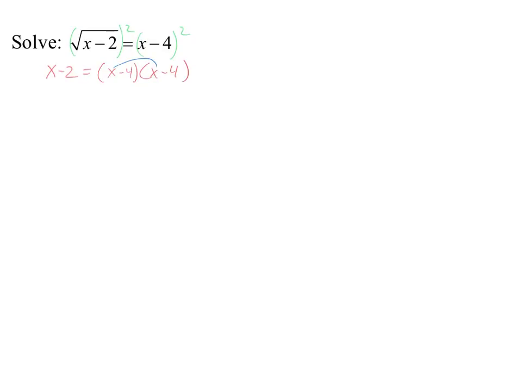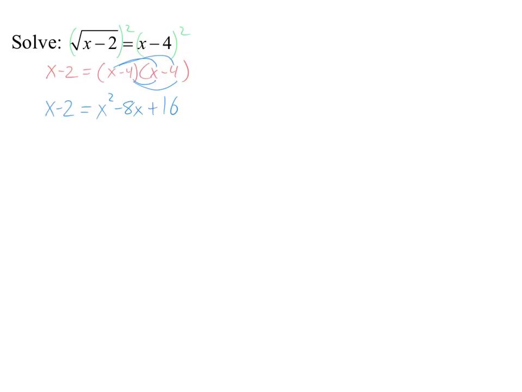I'm going to FOIL, and so I'm left with x minus 2 still over here. And on the right, when I FOIL, I'm skipping steps, but you can do your box or FOIL. This is what you should end up with when you use your box or FOIL. So now we have a quadratic.